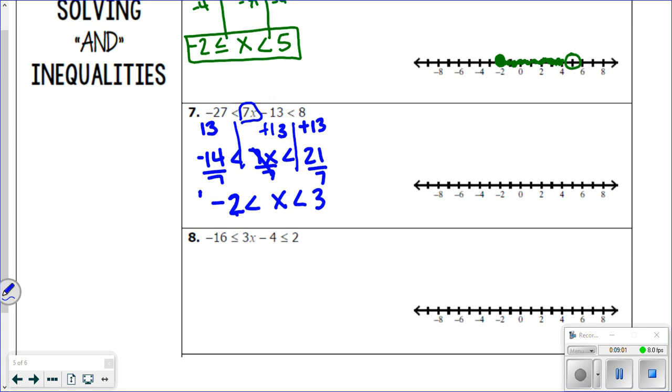So this would be my final answer. X is all alone in the middle. So I'm going to put an open circle at -2, an open circle at 3, and we want all numbers greater than -2 and less than 3, so we're going to shade in the middle to connect. So go ahead and try to finish this worksheet. You can do it.